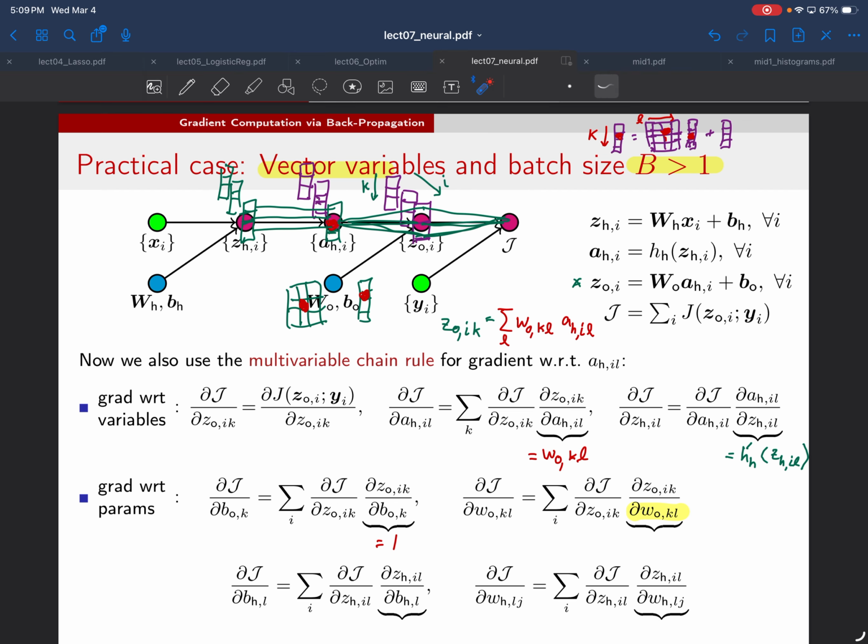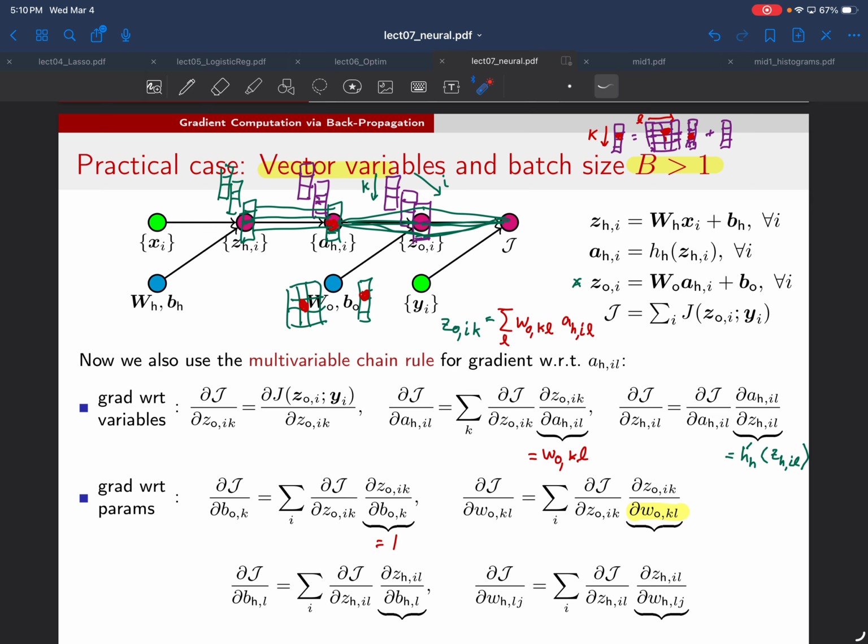The kth row of this matrix only affects the kth element here, so there's no coupling that way. But there is a coupling across the batches because this guy affects all the different elements in the batch. So for this one, it's pretty straightforward.